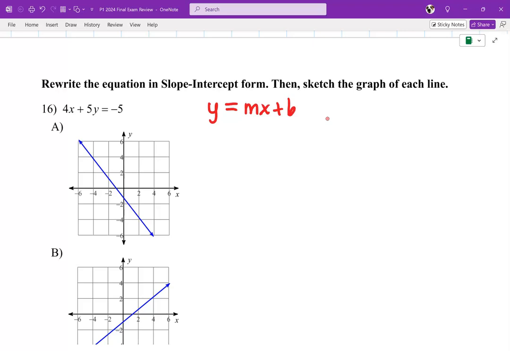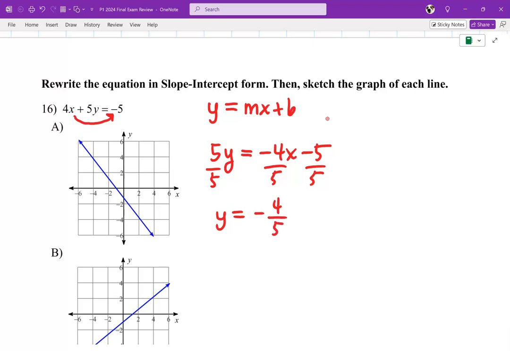So I'm going to get this 4x and move it over to the right side. So I get 5y equals negative 4x minus 5. And then I'm going to divide everything by 5, so divide this by 5, divide this by 5, and this by 5. So I get y equals negative 4/5 x minus 1.